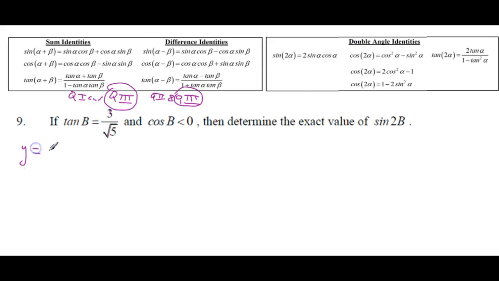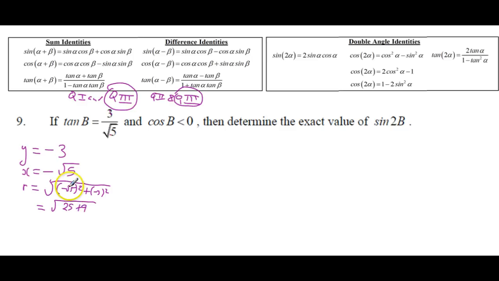So let's go down here. Y is equal to -3. X is equal to -√5. R is equal to the square root of x squared plus y squared, -√5 quantity squared, plus -3 quantity squared. That's 25 plus 9.